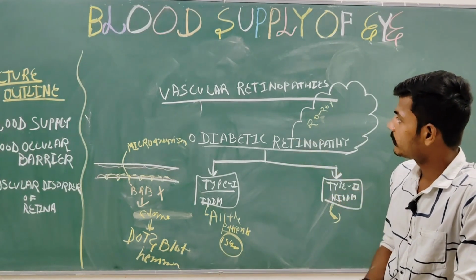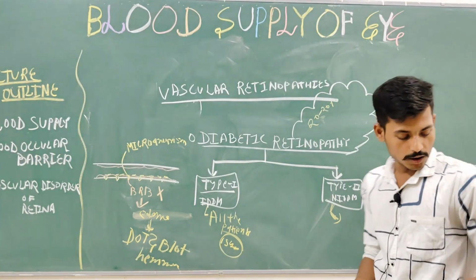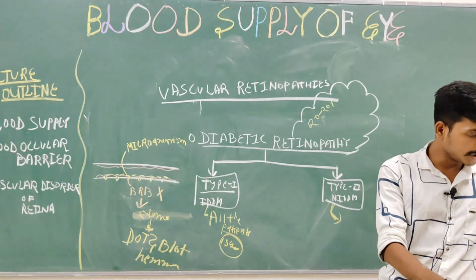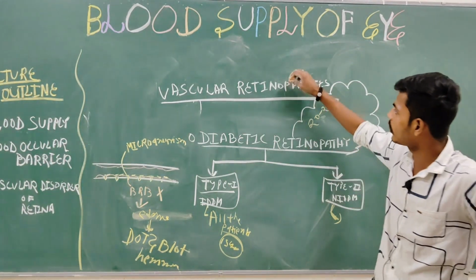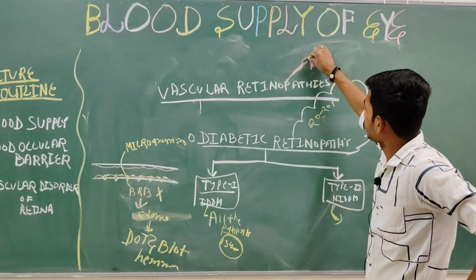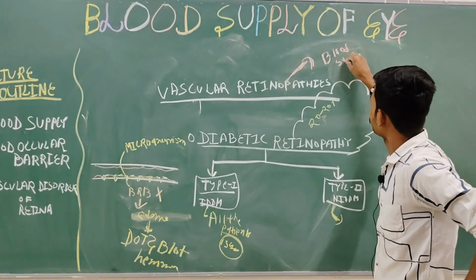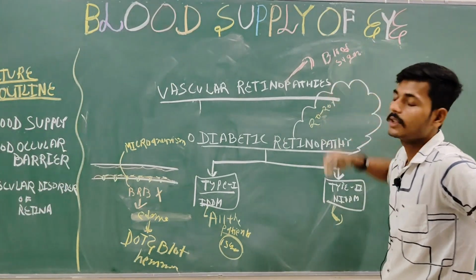About managing vascular retinopathy, there is a need to control the blood sugar level, a good metabolic blood sugar level.